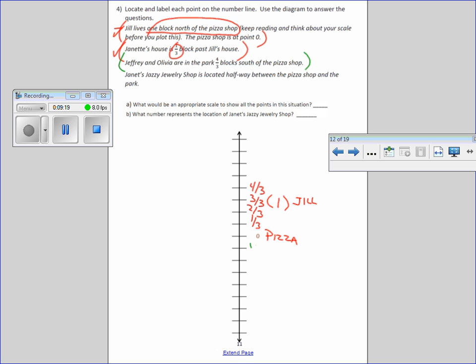That's going to make this negative 1/3, negative 2/3, negative 3/3, and my park, which is at negative 4/3. That's my park. How do I know that? Because it tells me 4/3 south of the pizza shop, which is at 0. That's done.